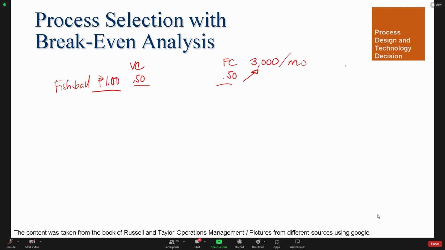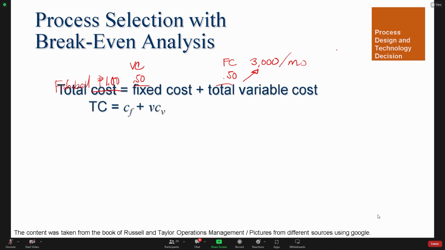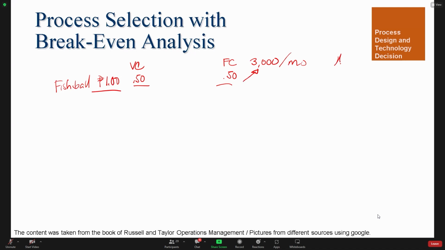So, magkano yung abono mo? So, if you're going to look at abono, okay, ang abono mo sa rent is 2,999.50. Bakit? Kasi ito lang yung pera mo pambayad sa rent.